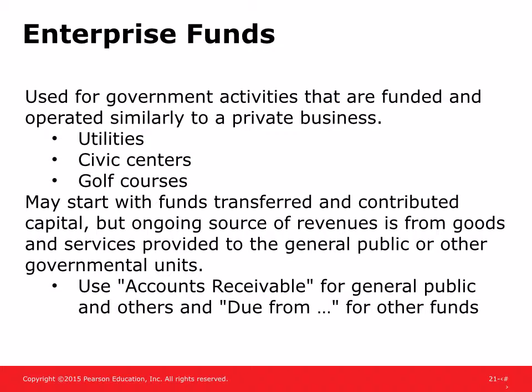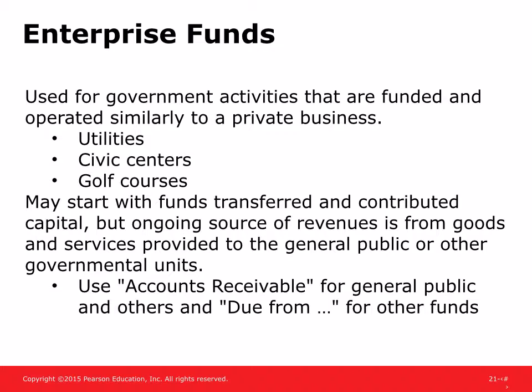Then the next type of business type fund is going to be the enterprise funds. So you will often see these associated with utilities. So if you have water, sewer, electricity, any of those provided by the city, sanitation, you could have separate enterprise funds for each of those, or a utility fund in general. Also, if the city runs a civic center, a golf course, sometimes an airport, depending on the size of the city and the size of the airport.